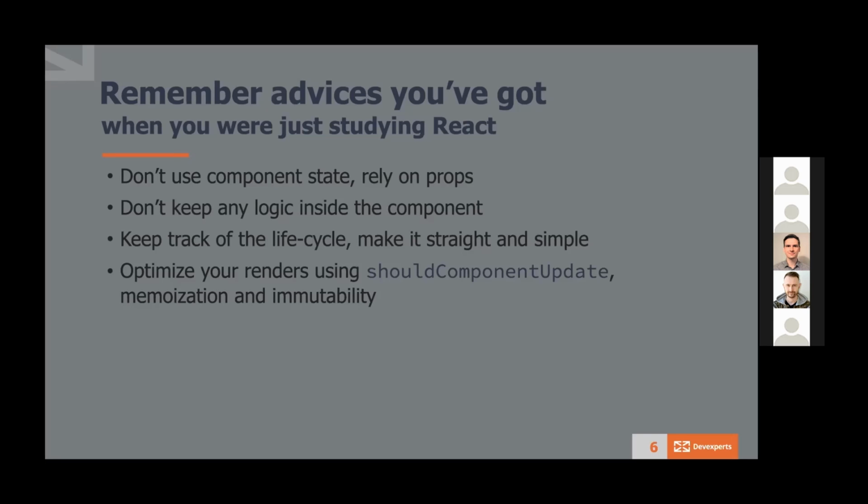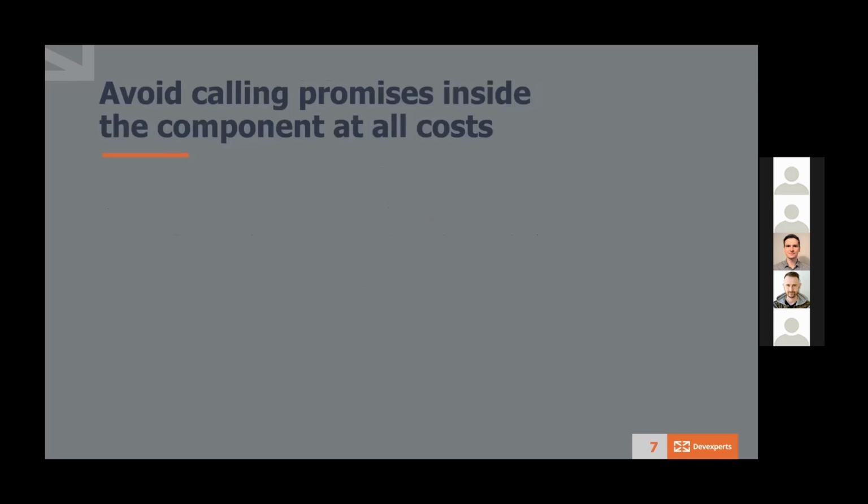But one piece of advice I got when I was studying React in 2015 is: avoid calling promises inside the component. Just remember that a promise is just the rails for asynchronous logic.